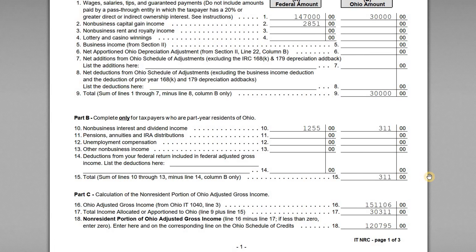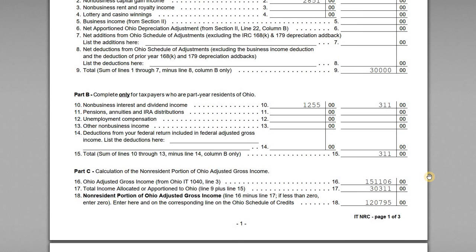So now in Part C, we calculate that non-resident portion of our Ohio AGI. We've got the total income allocated to Ohio, line 9 plus 15, that's $30,311. And then our total Ohio AGI, remember, assuming as if we were an Ohio resident, is $151,106.